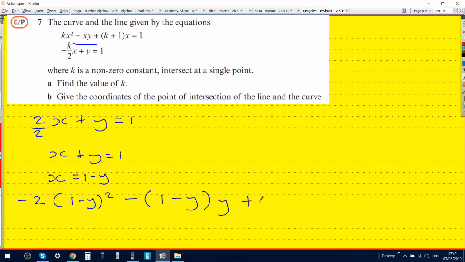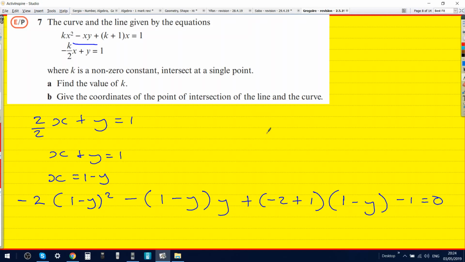Plus minus 2 plus 1 times 1 minus y equals 1, or minus 1 equals 0. That's a lot of stuff going on.